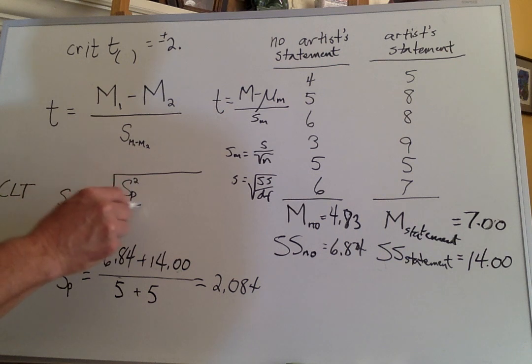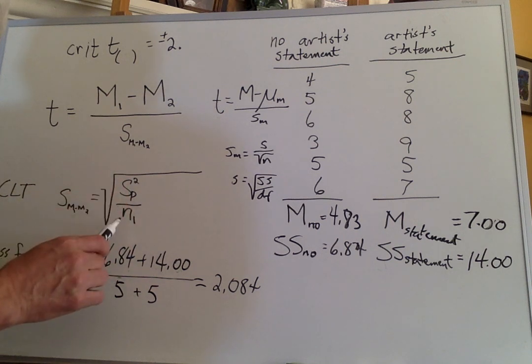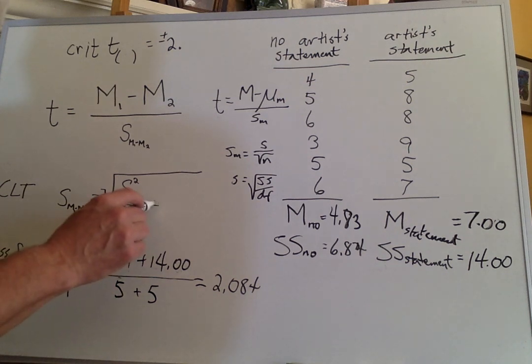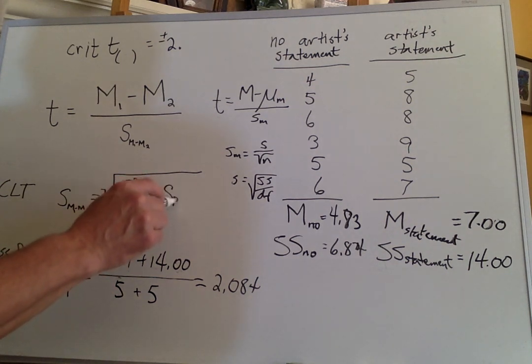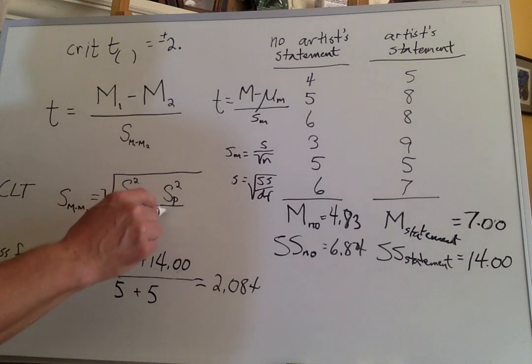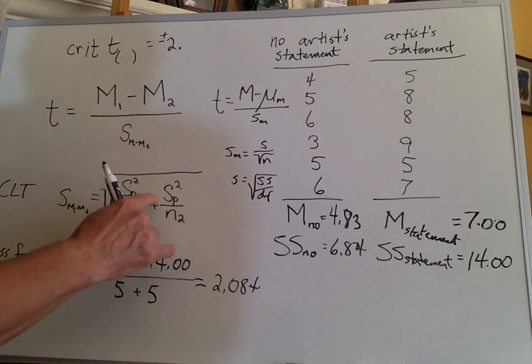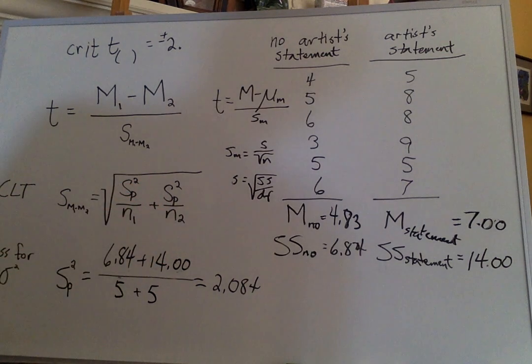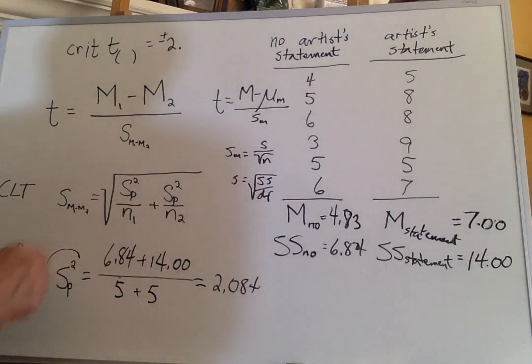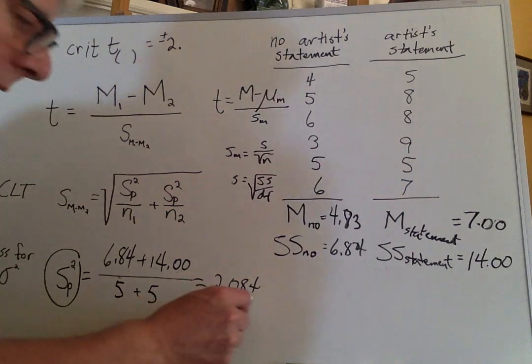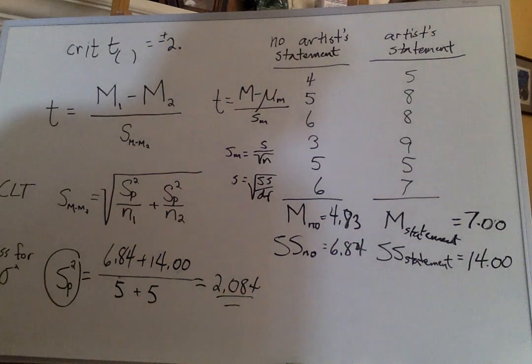Pooled variance divided by, now n for the first group plus n for the second group, okay? We have this value right here, folks. That's what that is, okay?